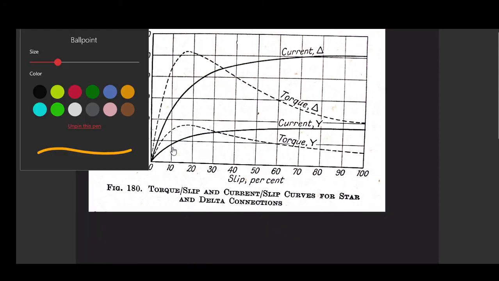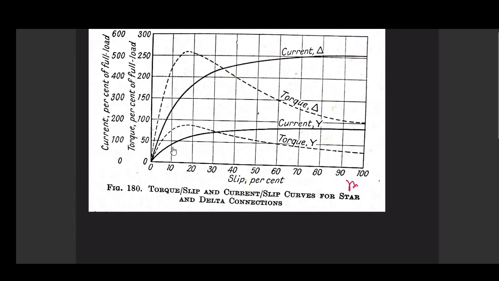Here NR is equal to 0, and here NS is equal to NR. Now NS remains constant throughout the operation if you do not change the supply. So it is clear, you can see that this is the value of current.